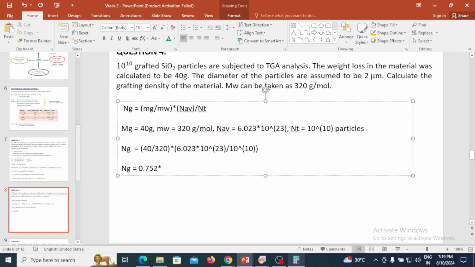The 10 to the power 23 in the numerator and 10 to the power 10 in the denominator, so you can cancel and write it as 10 to the power 13. So it can be written as 7.52 times 10 to the power 12 grams per molecule.